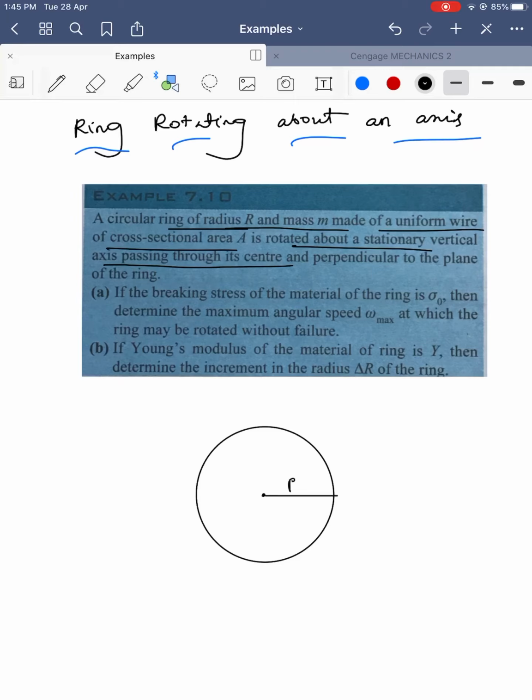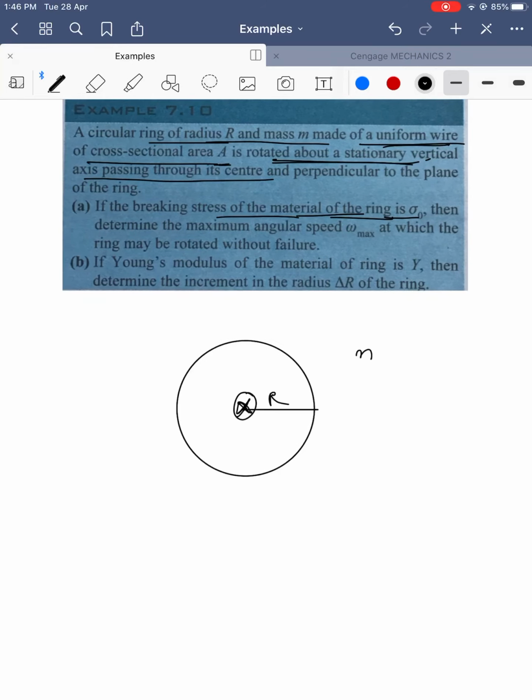Radius is capital R and mass is m, made of uniform wire. Mass per unit length is constant and cross-section area A is given. It is rotated about a stationary vertical axis passing through the center, going into the plane. It is rotating with angular velocity omega. If the breaking stress of the material of the ring is sigma naught, breaking stress means maximum stress.